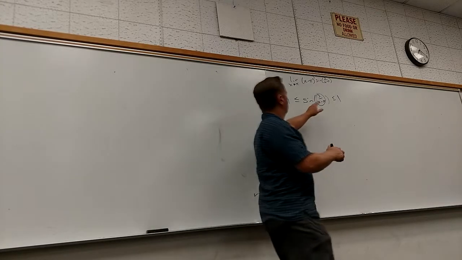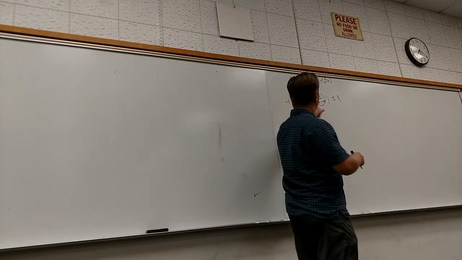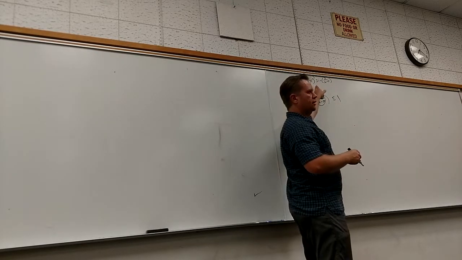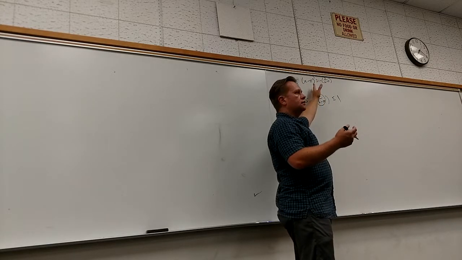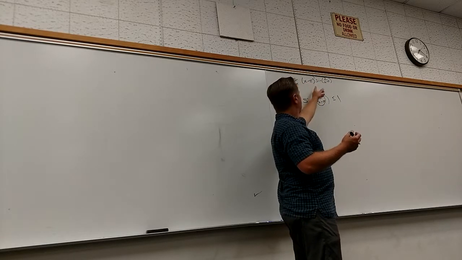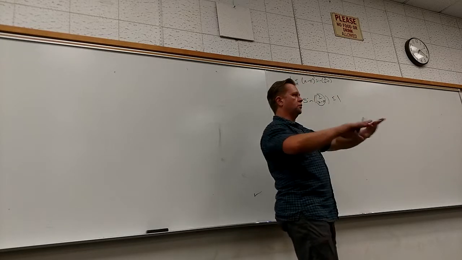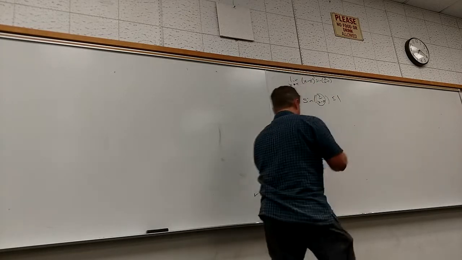Now, that's not my function. What do I have to do to all the sides to regather this? What am I missing? X minus pi to the third. So I'm going to multiply the whole thing by x minus pi to the third.